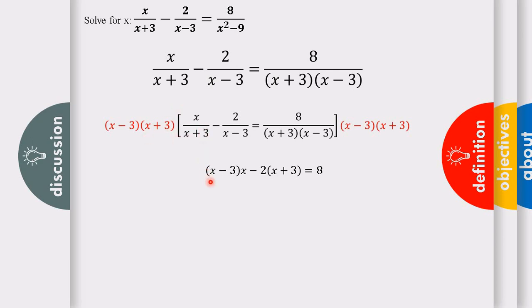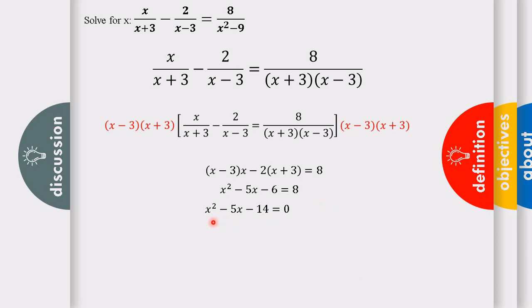So we will have x minus 3 times x. Then the second one, 2 over x minus 3, eliminate x minus 3. So we have 2 times x plus 3. And lastly, eliminate x plus 3 times x minus 3, so we have now 8. So simplify. We have x squared minus 5x minus 6 equals 8.